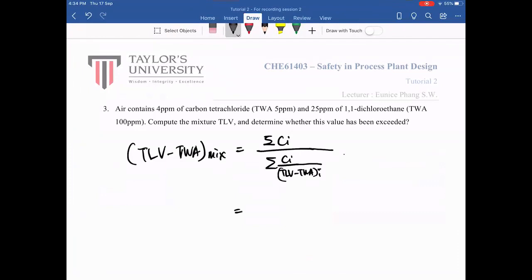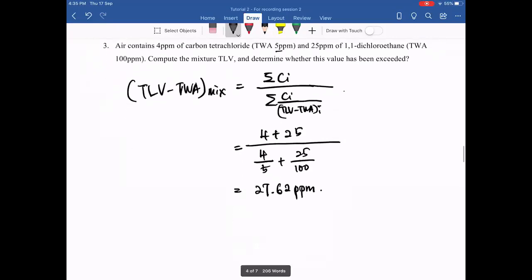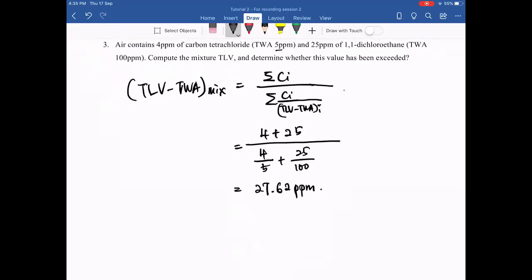So in this case, you get 4 plus 25 over 4 over 5 ppm plus 25 over 100 ppm. Just now someone already showed the answer, 27.62 ppm. But that doesn't answer the question because this is only the mixture TWA.